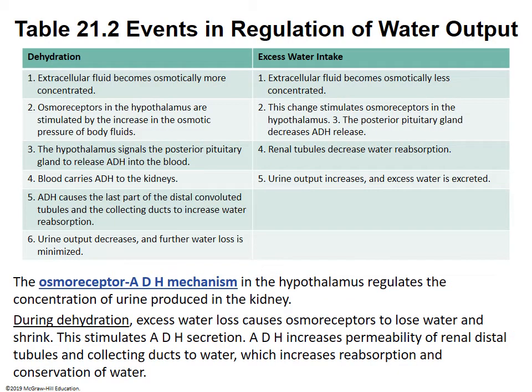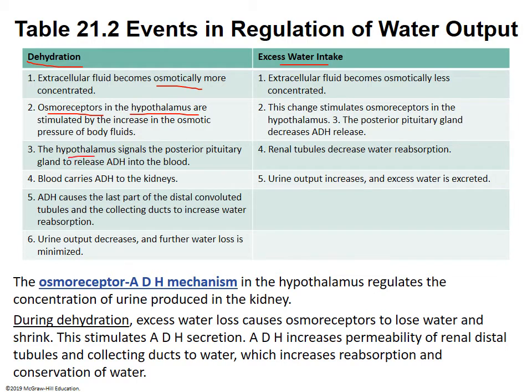Now, this kind of compares either low water, dehydration, or high water. If we don't have enough, the osmolality, I don't know how to say that word, but you know what I'm saying, is going to change. And then these osmoreceptors are going to go to the hypothalamus and say, hey, we need to put more water in.